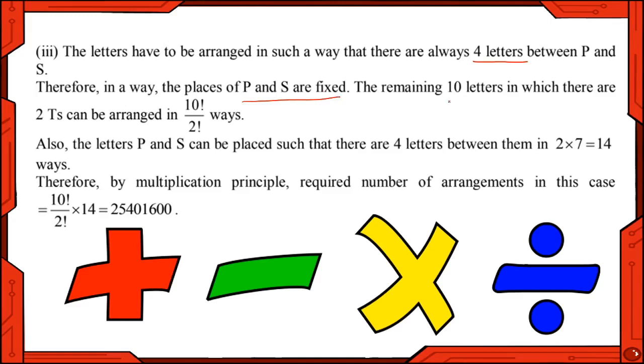Remaining letters are 10, and out of these 10 letters, T is coming 2 times, which is repeating. So factorial 10 upon factorial 2. Now the letters which will come here between P and S, definitely these letters will arrange themselves in 4 factorial ways. So into 4 factorial as well.